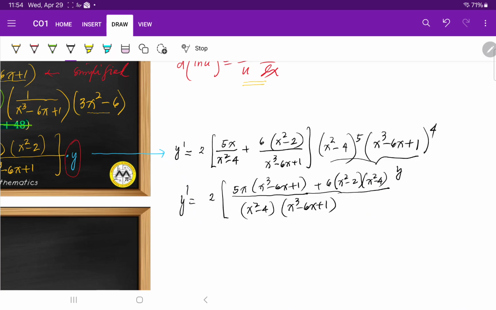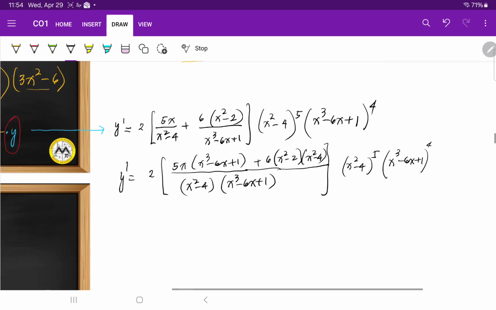Right? And then we multiply this by y. So y is x squared minus 4 raised to the 5th times x cubed minus 6x plus 1 raised to the 4th. And now you see that we can cancel one of these with x squared minus 4 in the denominator and one of these with this one.